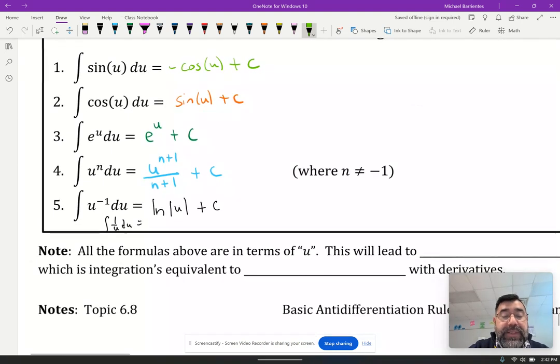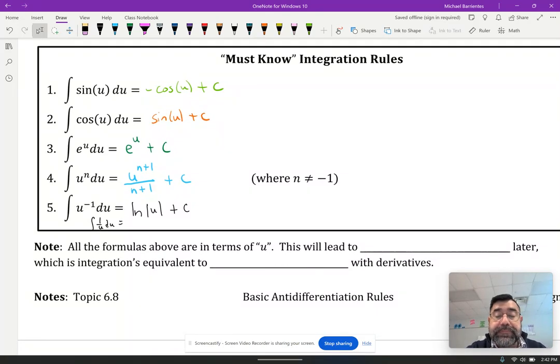Notice that all the formulas above are in terms of u. This is going to lead us to something we call u substitution. U substitution is going to help whenever we realize this u could be a function on its own, an inside function.